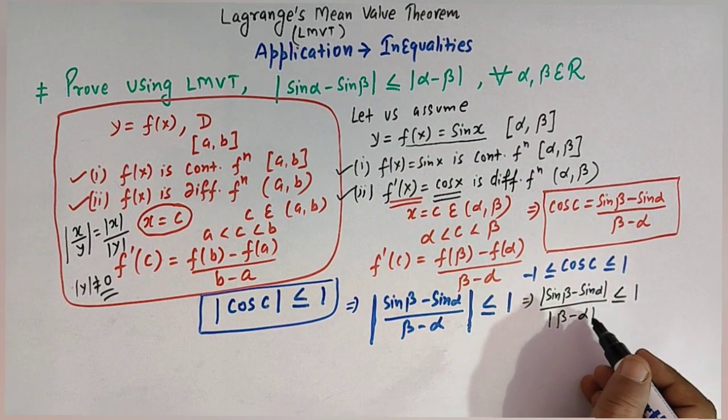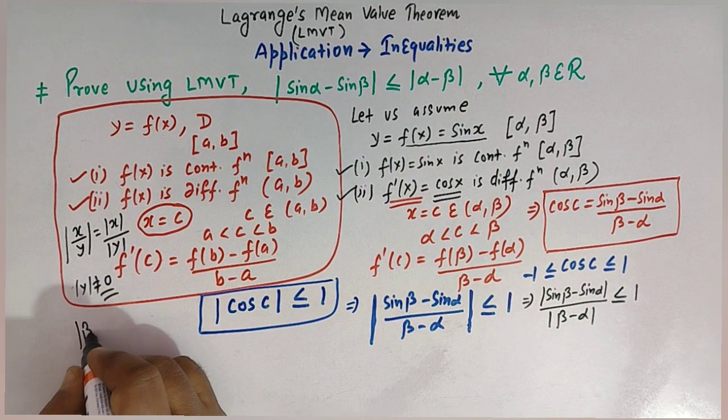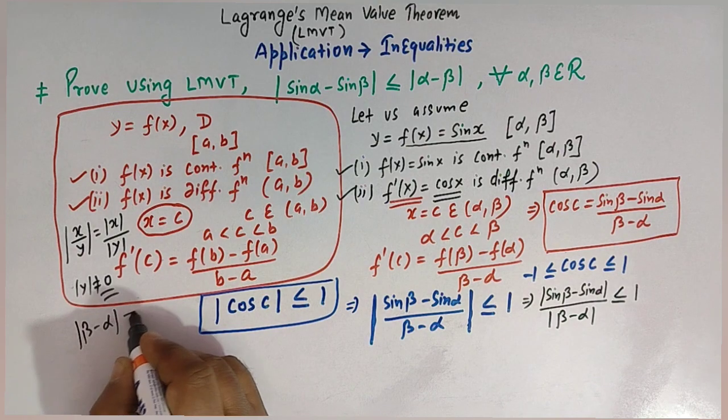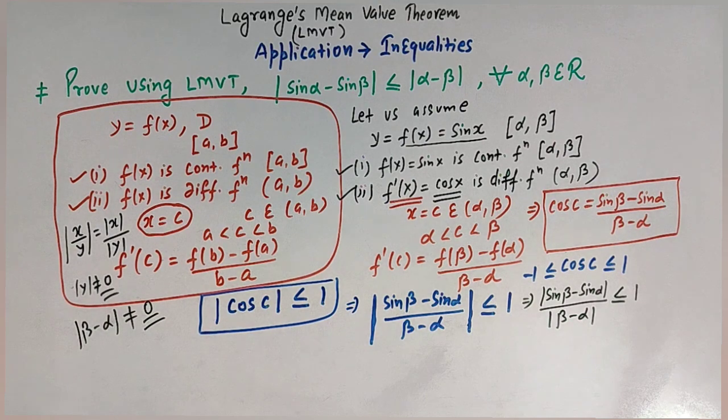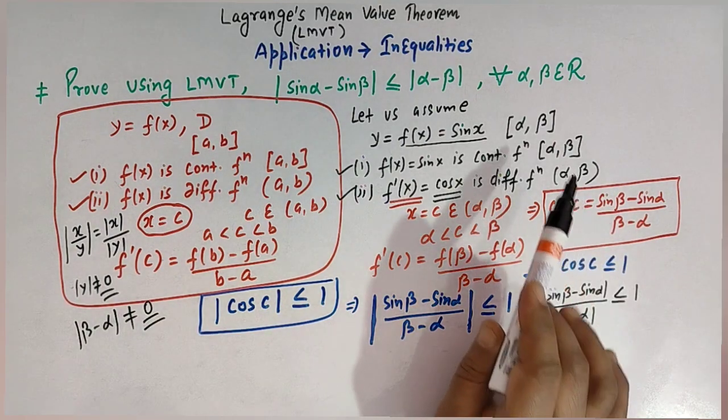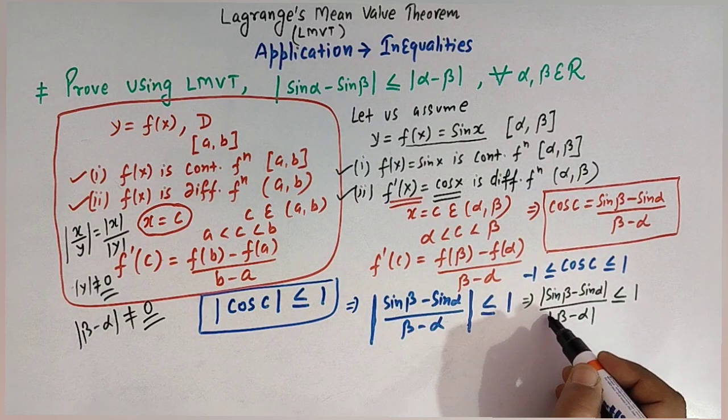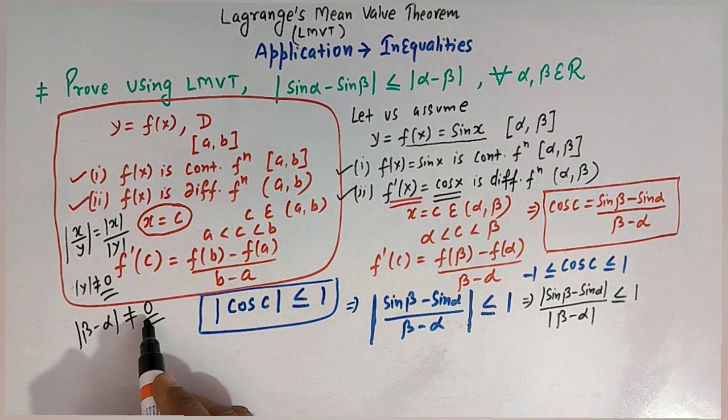Now here the denominator is the mod of beta minus alpha, and this is obviously not equal to 0, right? Because here we have a finite interval, so this quantity cannot be equal to 0.